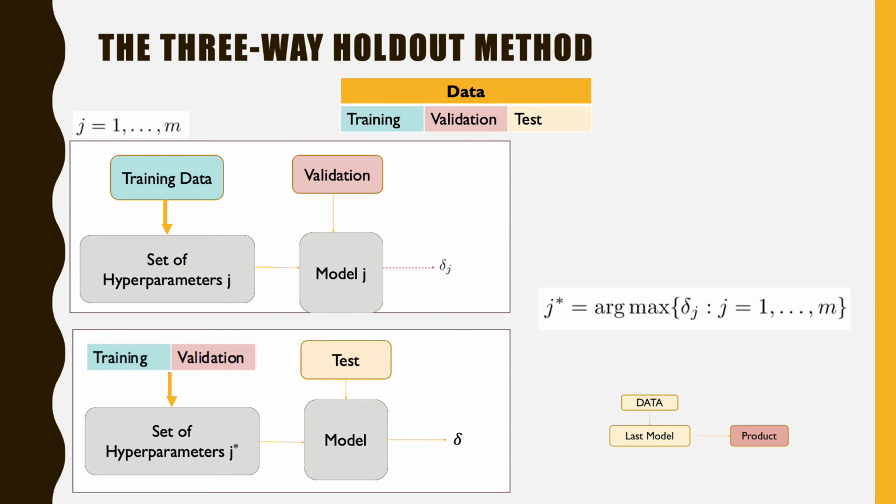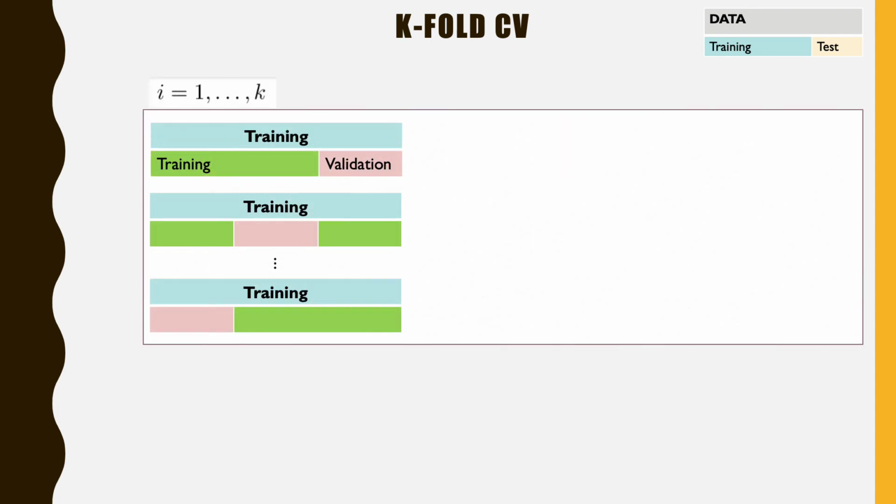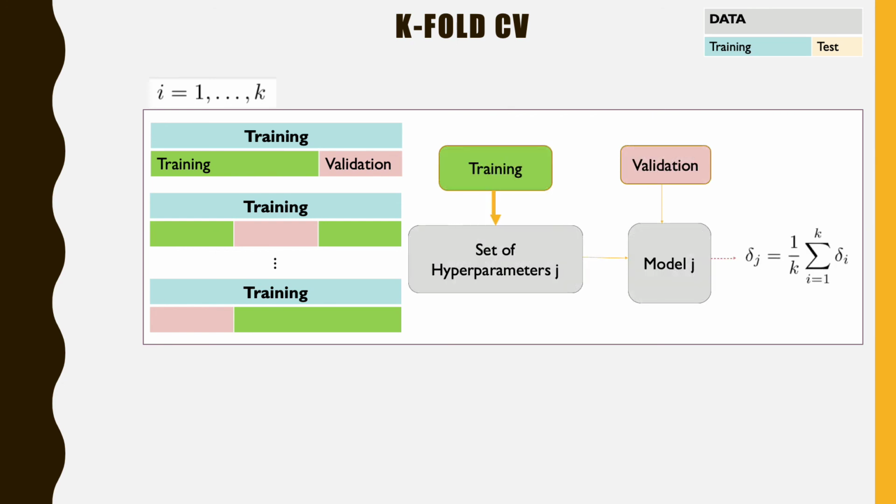If you want to use k-fold cross-validation, we have training and test, maybe you remember. Now what is happening is that for i equals 1 to k folds, we are using that training and validation, okay? Let's see what will happen. For these training data sets, for each fold, we use a set of hyperparameters j, and then we use the validation data for model j.